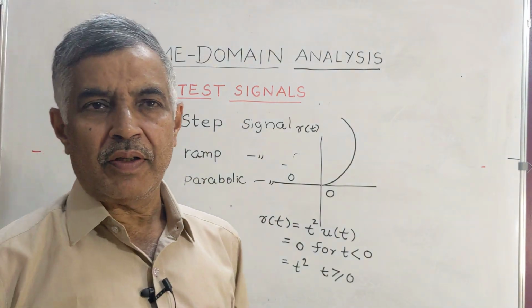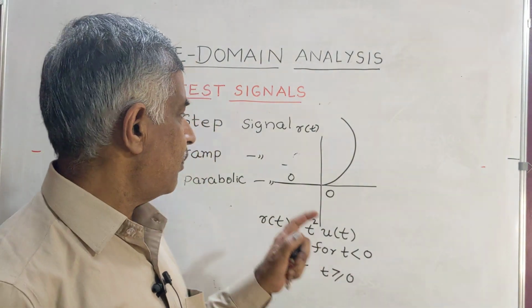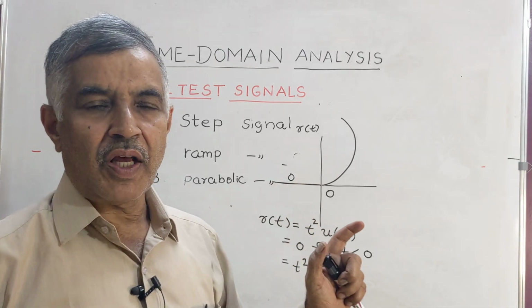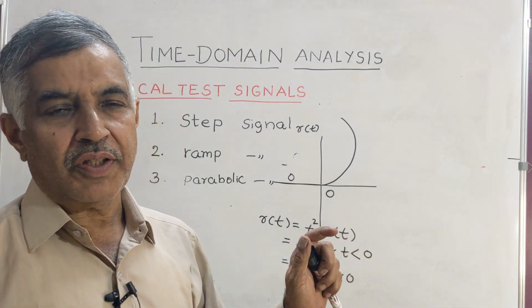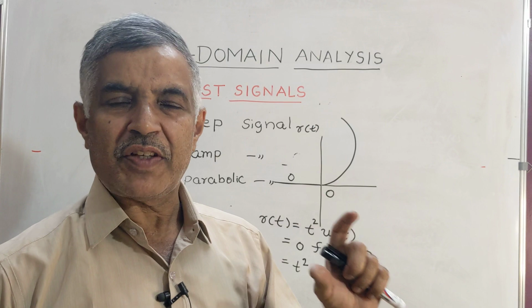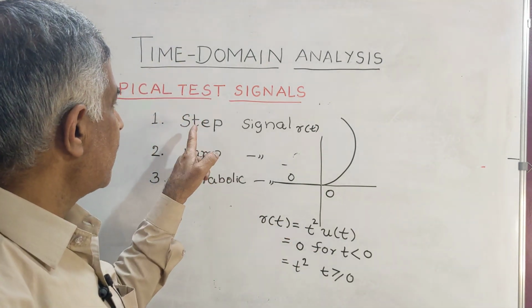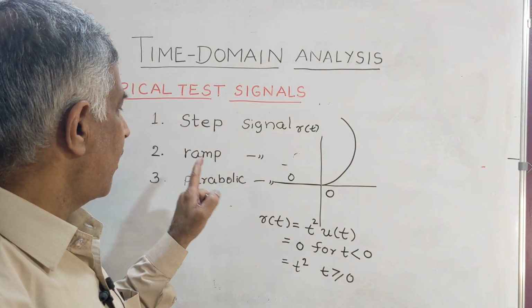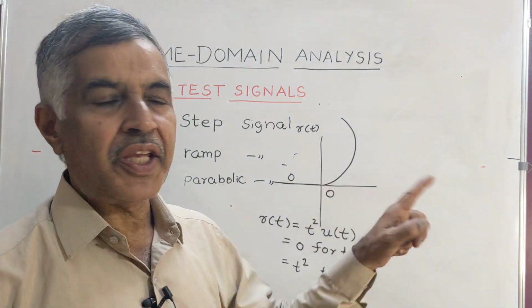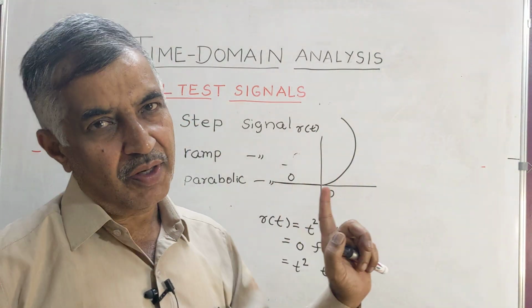Now in this chapter, I will take up these signals not for all orders of system. Only for first order system, I will consider step, ramp, parabolic. Whereas for second order and higher, I will consider only the step signal.